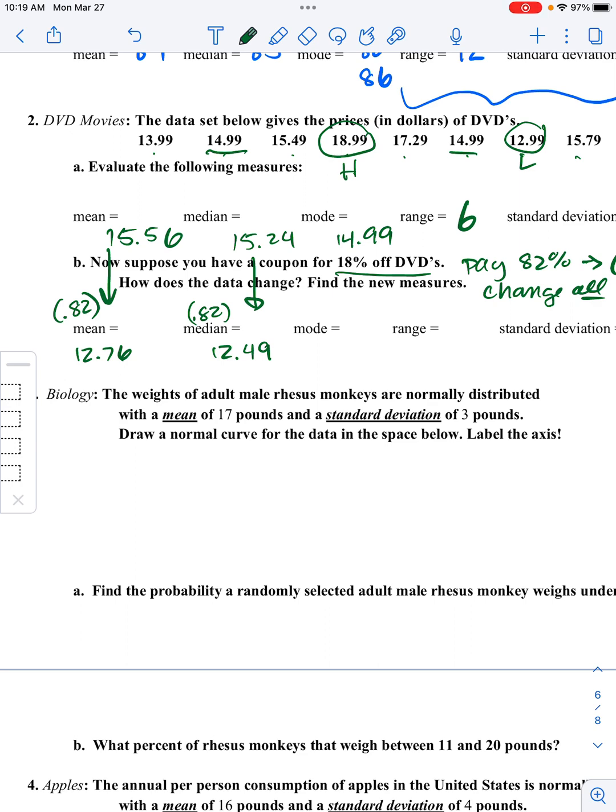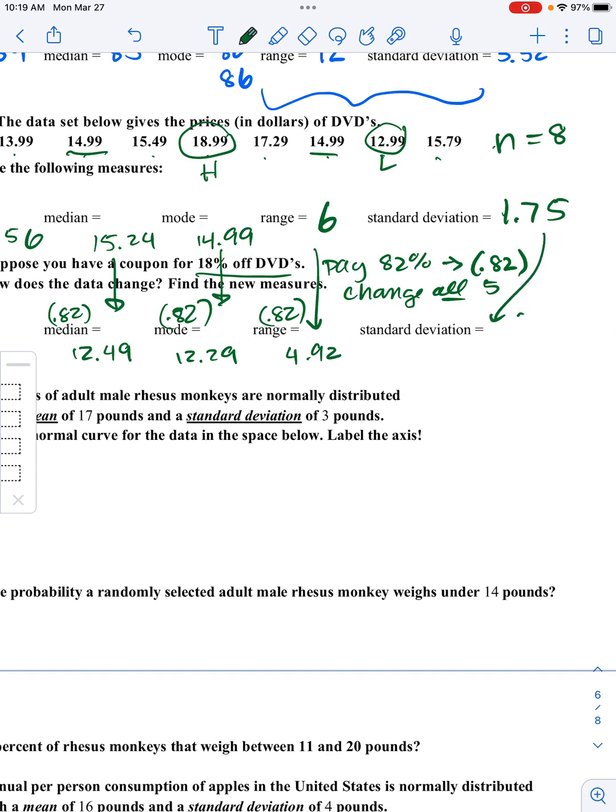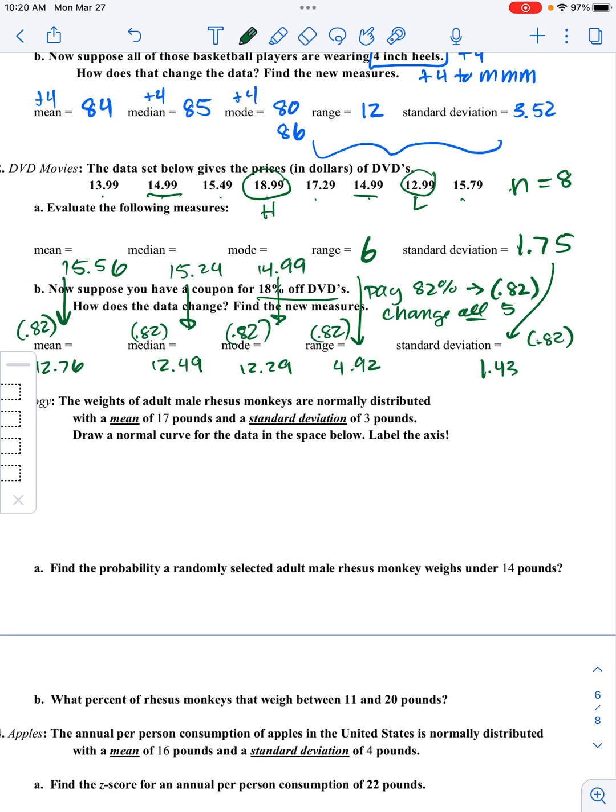Here, if I take my old mode of 1499, I get 12.29. 6 times 0.82, because all of them are getting multiplied. That's going to come down to 4.92. And my old standard deviation is going to be multiplied by 0.82, and the new standard deviation will be 1.43-ish.